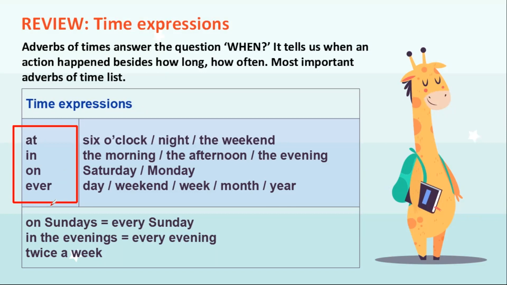What time do you go to school? I go to school at 7:15. AM or PM? 8 a.m. Very good. Okay, when do you go to school? You use in.